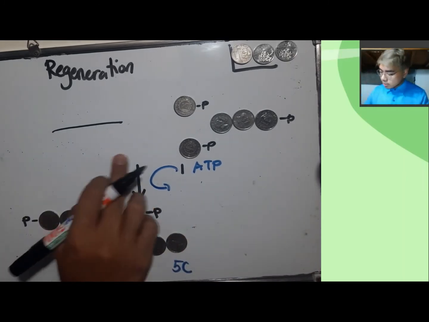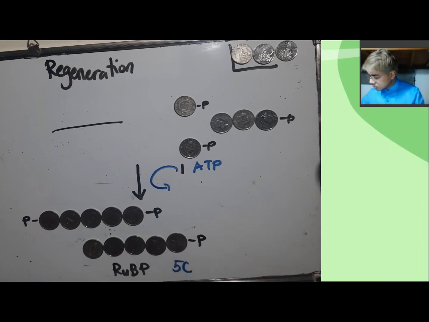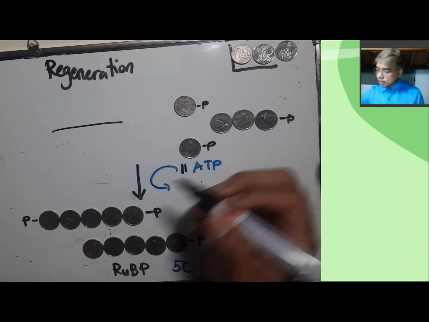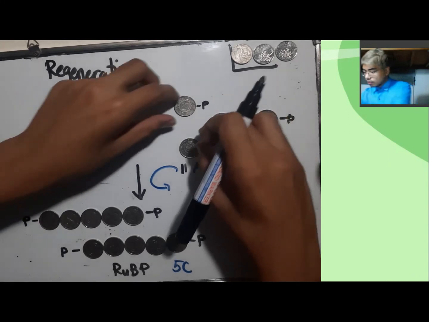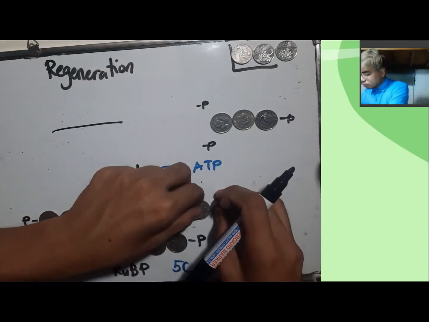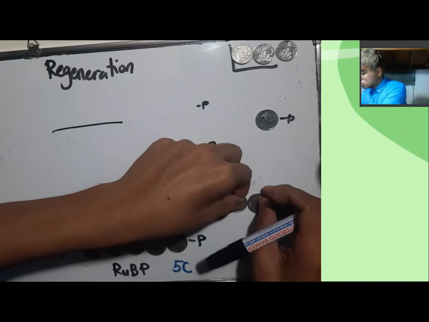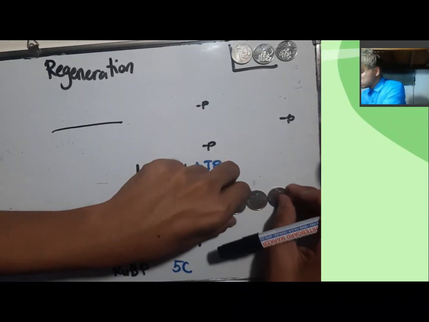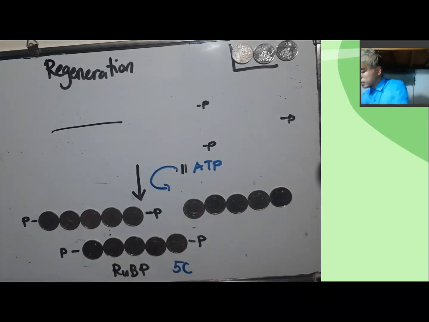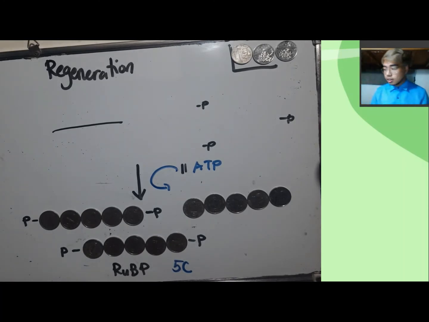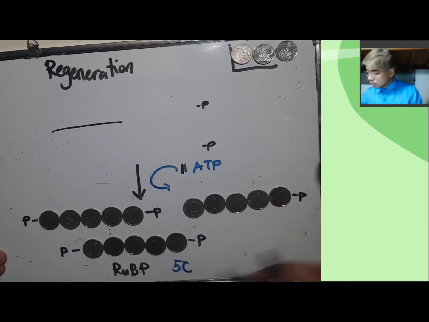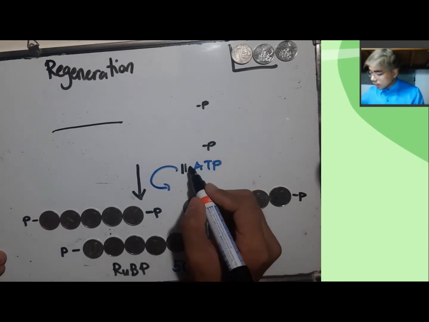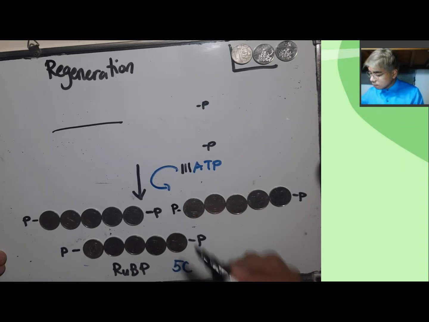The phosphate that is present here will be utilized. Then 1 phosphate from the ATP will also be utilized. Now, lastly, we have the presence of 2 carbon backbones. Then we now have here the presence of another G3P. We're going to utilize 1 phosphate, and the other phosphate will be utilized from the ATP.